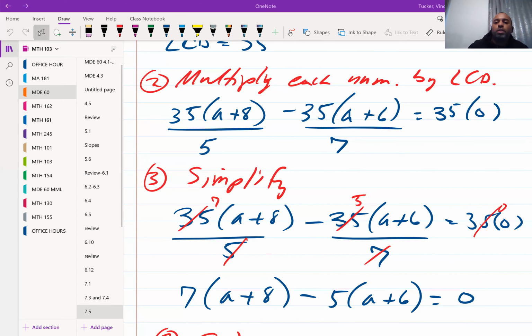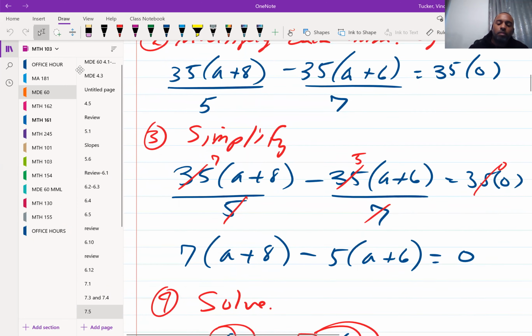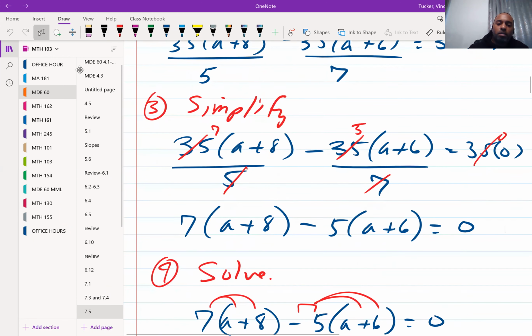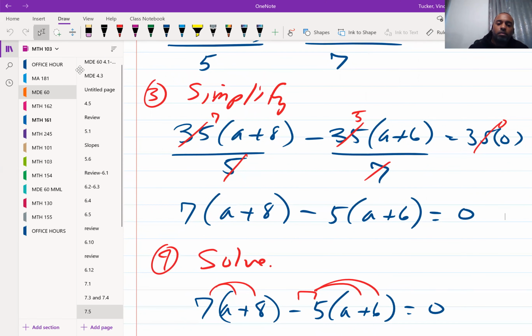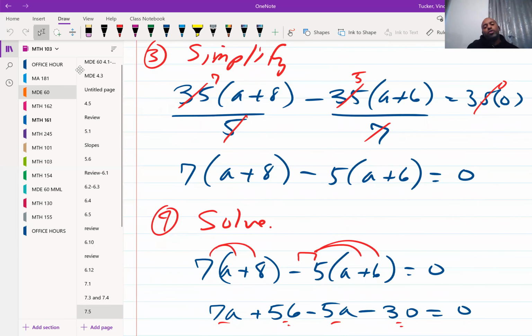All right, any questions? All right, next step is to solve. So we will go ahead and distribute. Distributing 7 is 7a plus 56. Distributing negative 5, that's minus 5a minus 30.